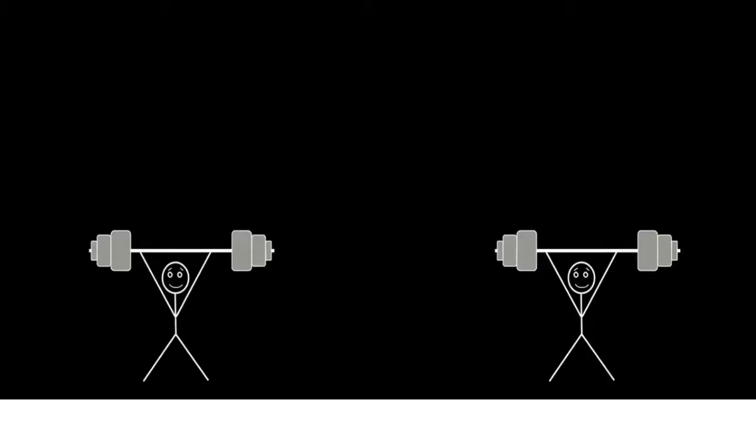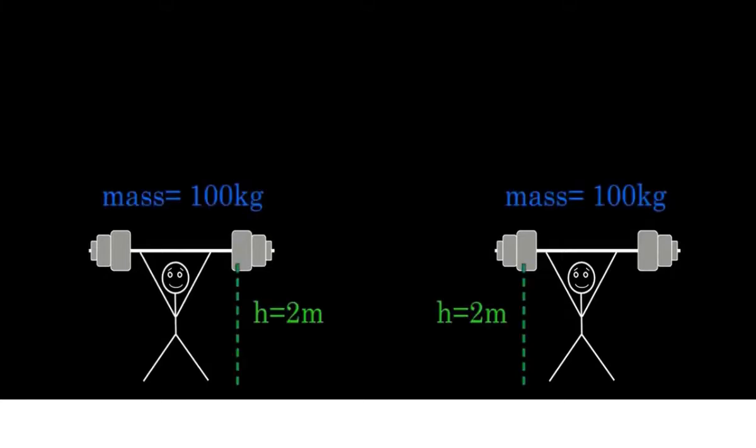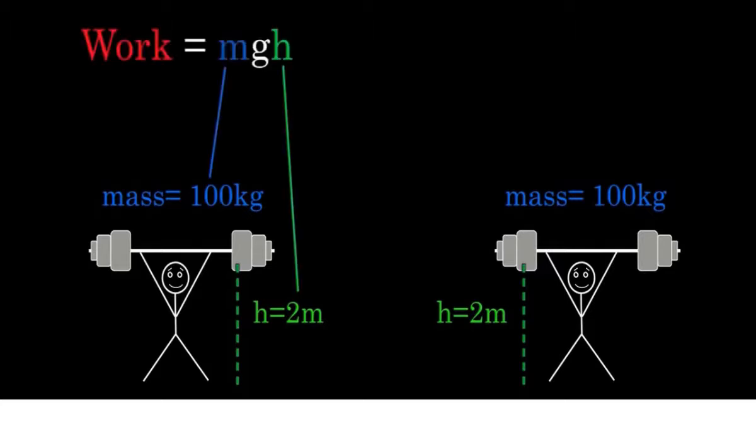Let us see a video. In that video, you can see there are two weightlifters lifting their weight 2 meters high, and the mass of the weight is 100 kg each. If you want to calculate the work done by both of the weightlifters, then we know work equals m g h.